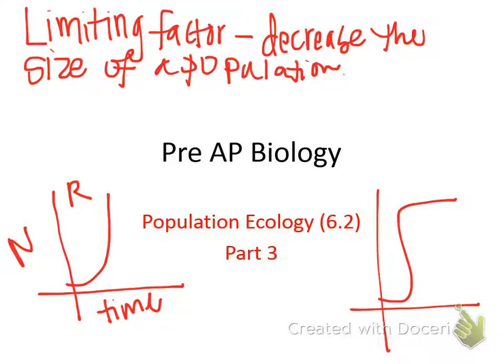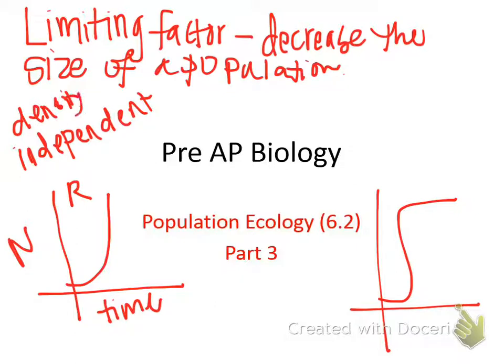It didn't matter on the density of the population. So something that's density independent, and you want to write down hurricane, a tornado. Something that is going to kill organisms regardless of the size of the population.